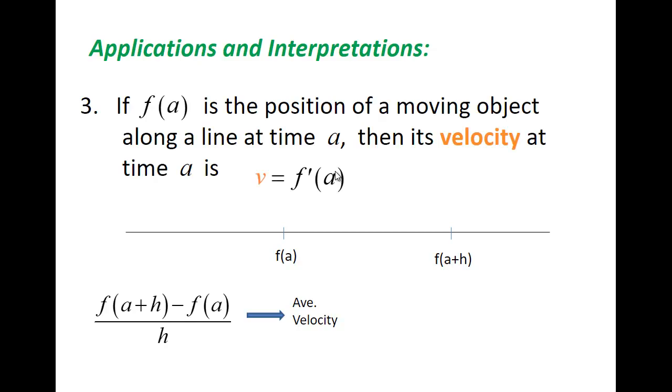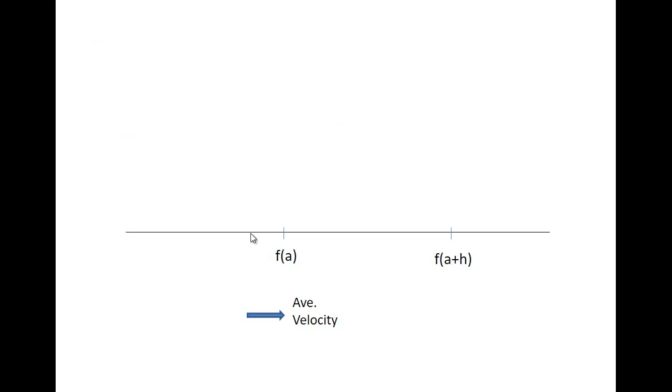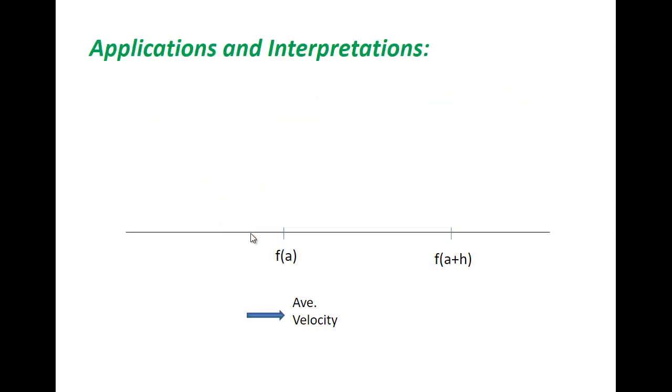And also recall, let's say we have a bug or a particle moving on a straight line. Let's say it is moving on the number line, and we have a function f that tells us the position of the bug at time.